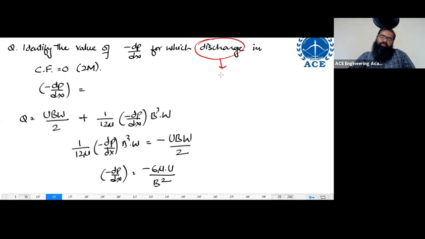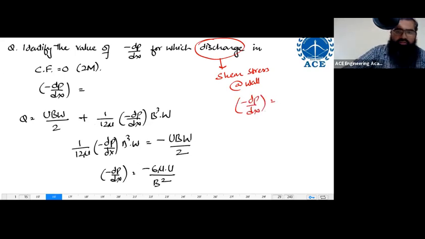In place of discharge, if the question is shear stress at wall, then tell me what minus dp by dx is equal to. Okay, try this question. In place of discharge, if the shear stress at wall is 0, then minus dp by dx is equal to how much?